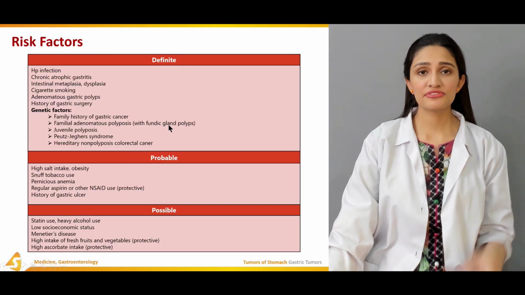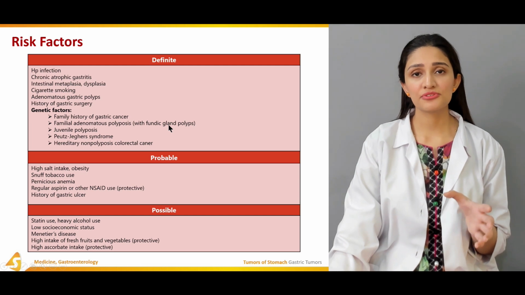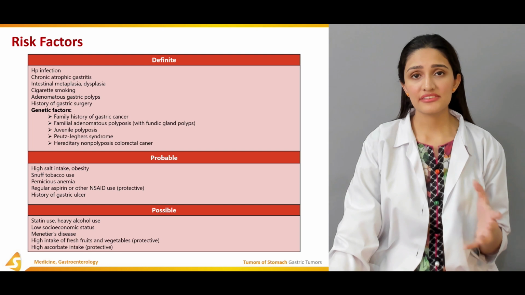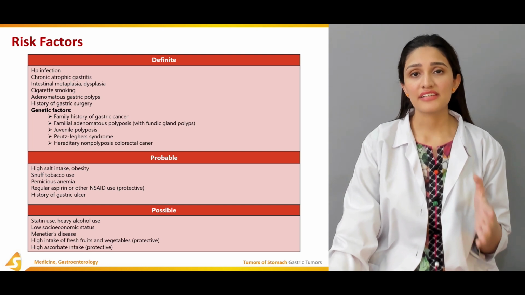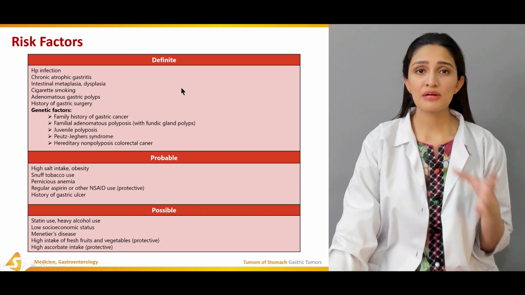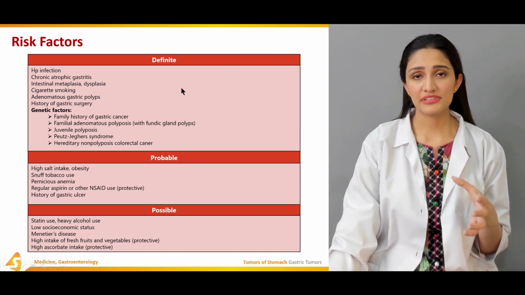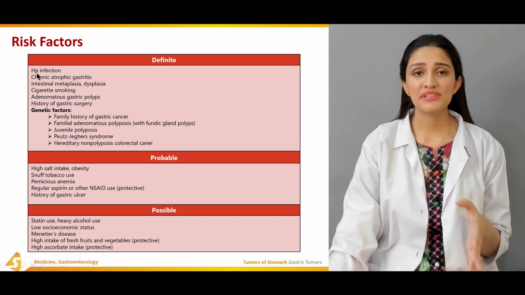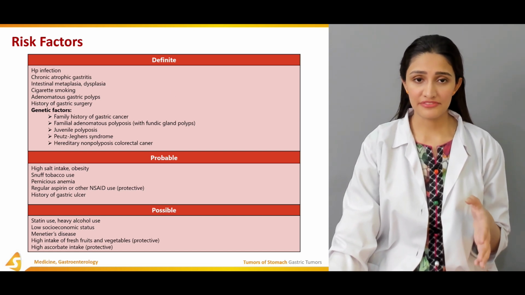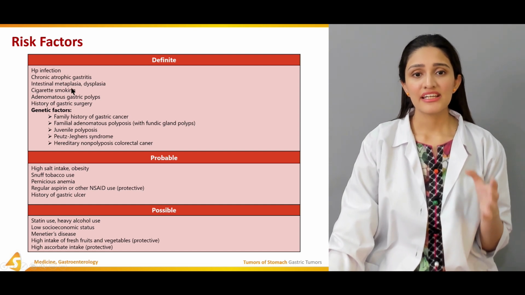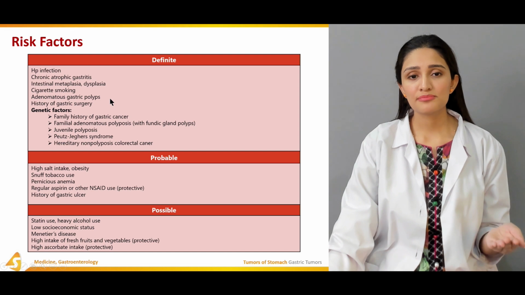So if we talk about risk factors, this table shows you the numerous dietary, environmental, and genetic risk factors that are involved in the development of a gastric cancer. For the more definite risk factors, the first and foremost is Helicobacter pylori infection. The second is chronic atrophic gastritis, intestinal metaplasia or dysplasia.